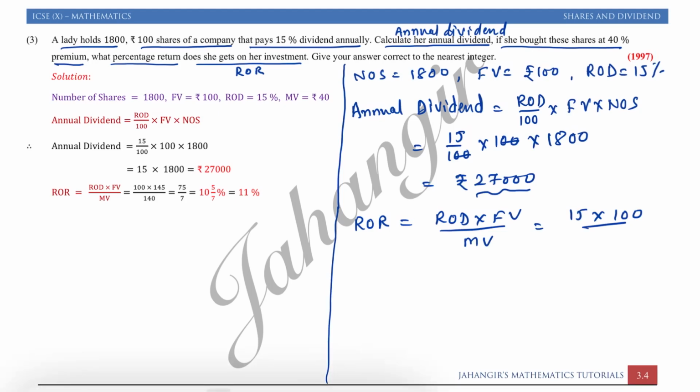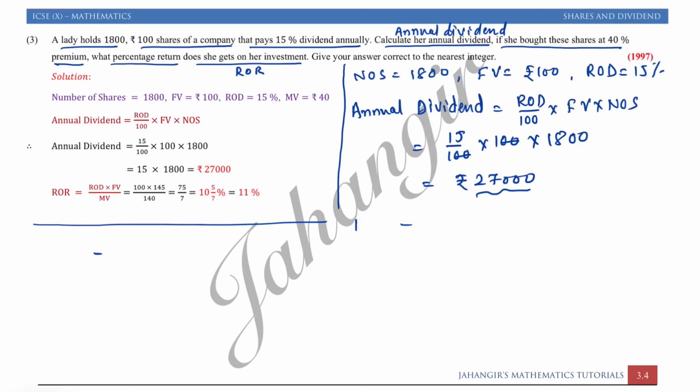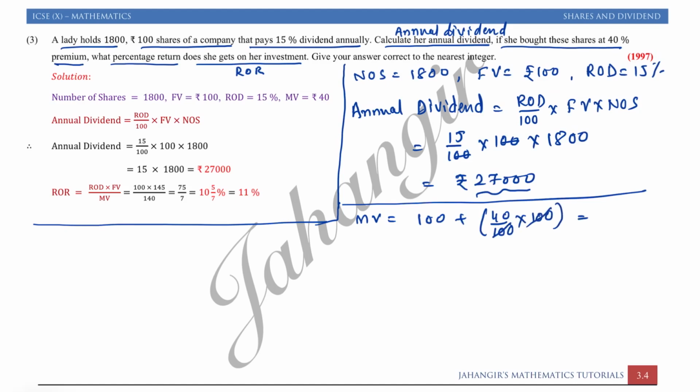So first we will find MV. So MV is equal to face value plus 40% of face value. 40 upon 100 into face value. Cancelling 100, we will get 100 plus 40, that is equal to rupees 140. So this is what my market value is.